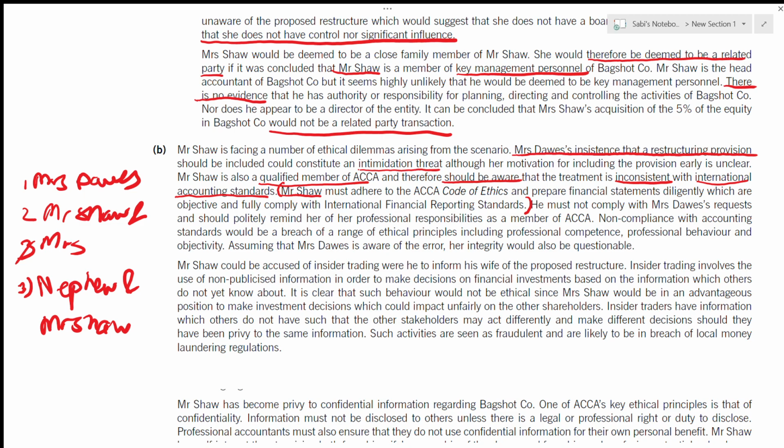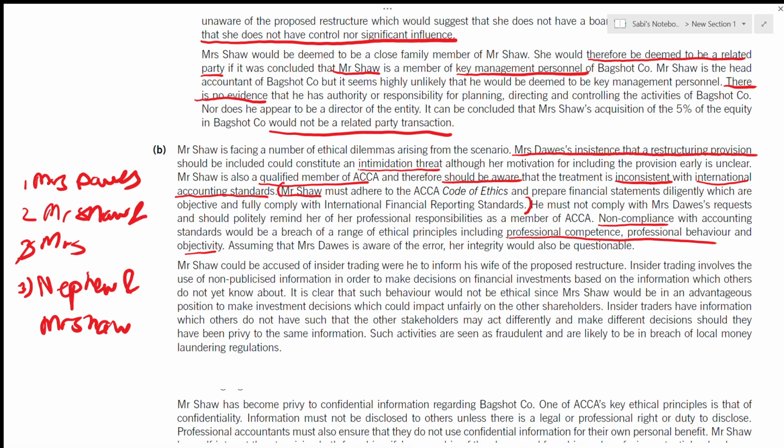Non-compliance with accounting standards, right? Non-compliance here with accounting standards would be a breach of a range of ethical principles including professional competence, professional behavior, and objectivity. So these three things. You need to mention the ACCA's Code of Ethics. Which principles are going to be breached?